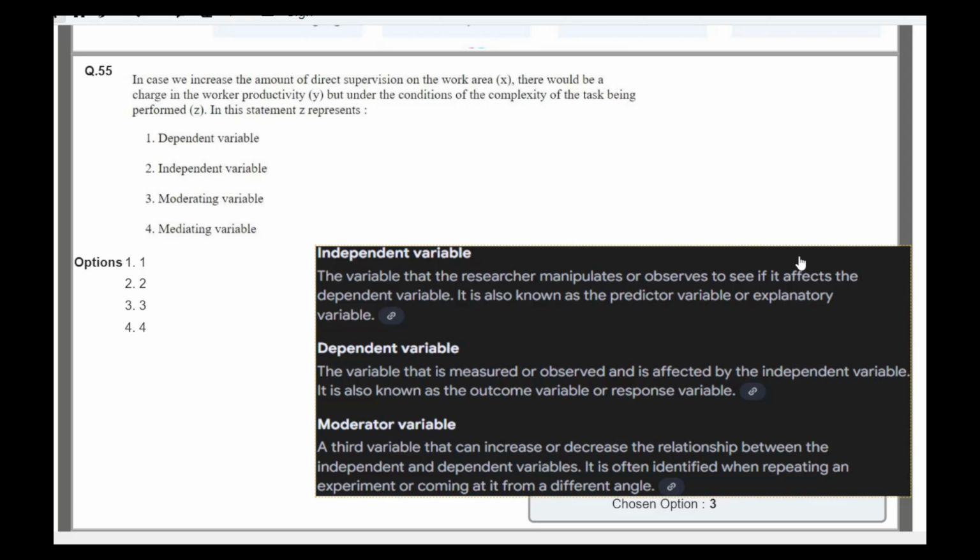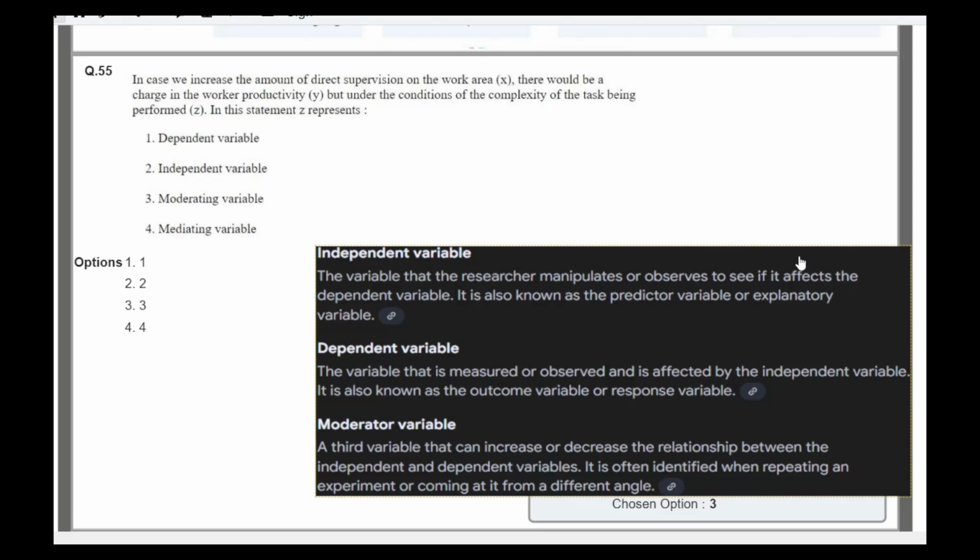X is your independent variable here, and productivity, which is Y, is your dependent variable. So Z is here, providing the complexity of the task. So it should be your moderating variable here.